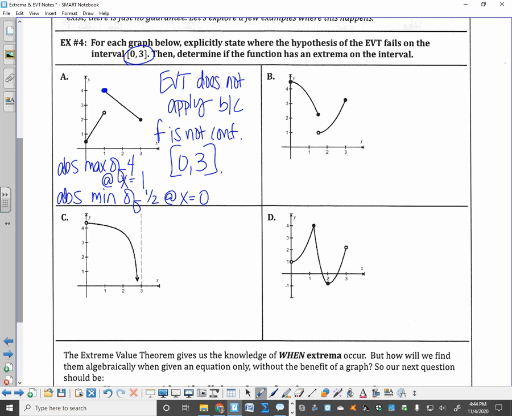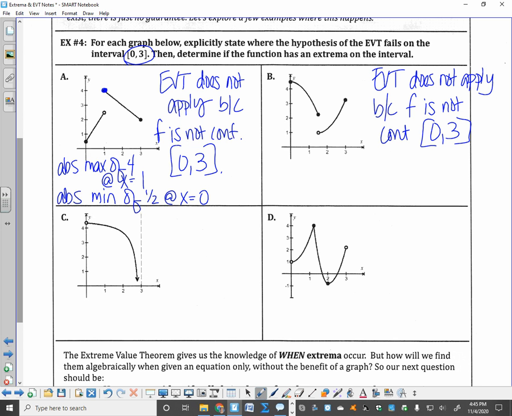Okay, so now, how about you try B, C, and D? How about you pause me and you try B, C, and D? Okay. EVT does not apply because f is not continuous on the closed interval 0 to 3.